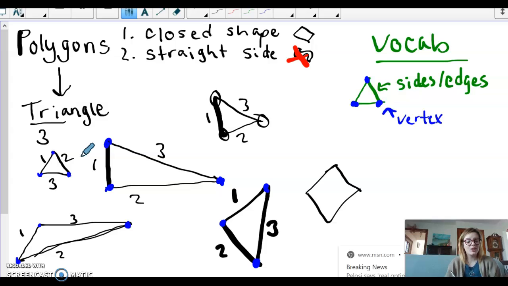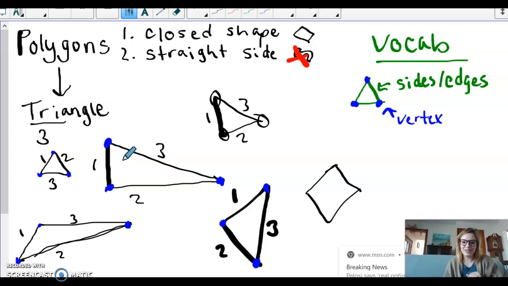If you're curious for a little extra information on why we call it a triangle and not a tri-side or a tri-edge or a tri-vertex, then I've got a separate video for you to watch. But as long as you can feel out that we've got 3 sides, 3 edges, you've got a triangle. And it meets our rules of a polygon.